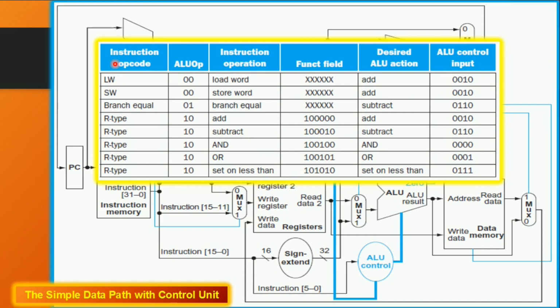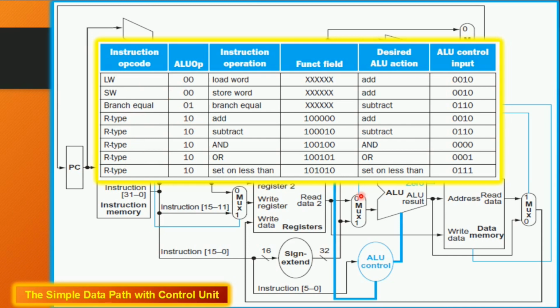Depending on the instruction opcode, we will first generate the 2-bit ALUOp. For the memory reference instructions, the ALUOp is 00. For the branch instruction, it is 01. For all the R-type instructions, it is 10.